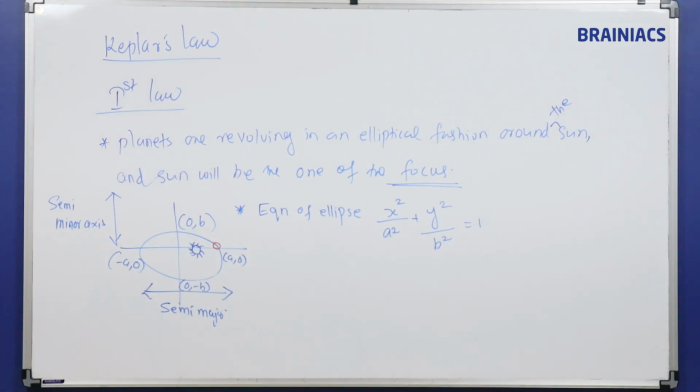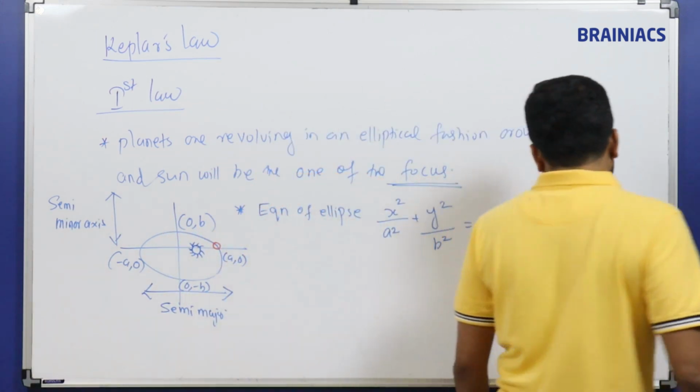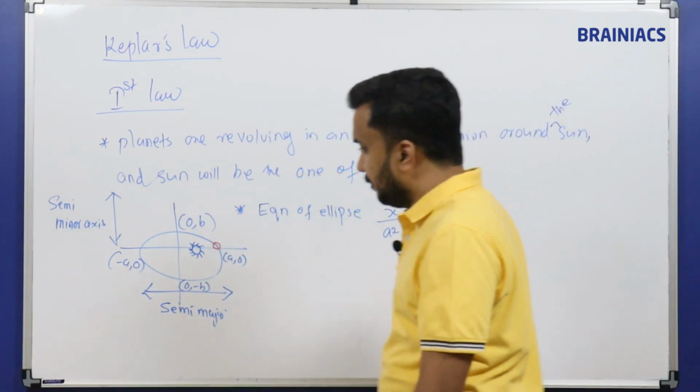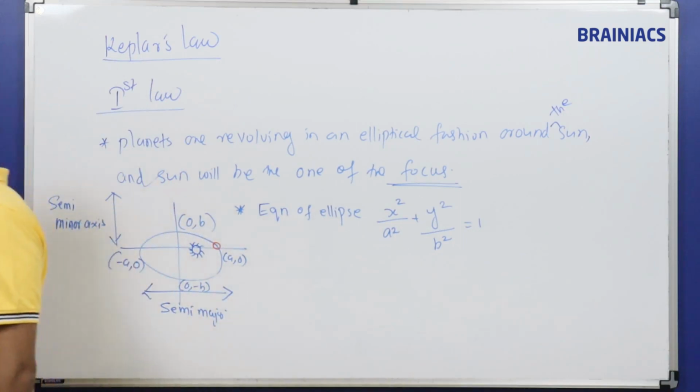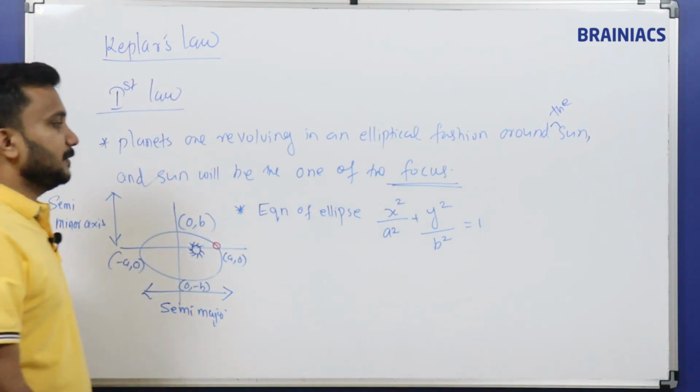And this equation of an ellipse is also related with another important parameter, another important term. a is the semi-major axis distance, and b is the semi-minor axis distance, or we can say the x distance and the y distance.